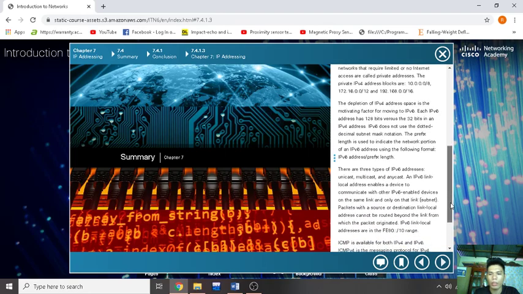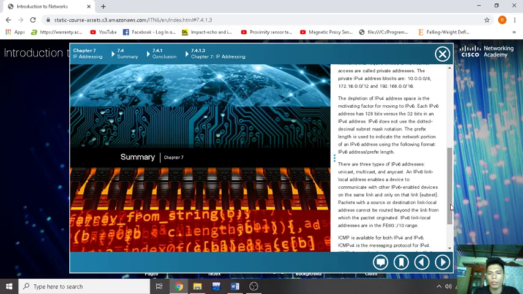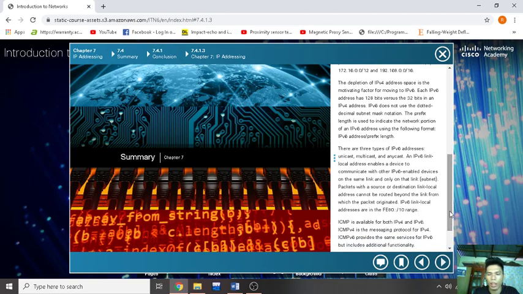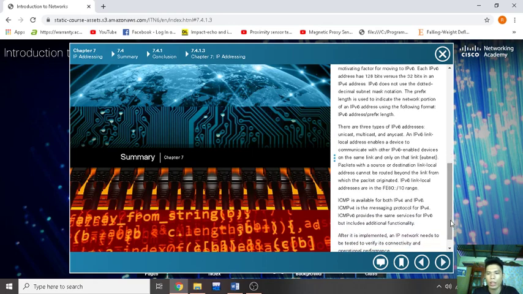The depletion of the IPv4 address space is the motivating factor for moving to IPv6. Each IPv6 address has 128 bits, versus 32 bits in IPv4 addresses. IPv6 does not use the dotted decimal subnet mask notation. The prefix length is used to indicate the network portion of an IPv6 address, using the format of address and prefix length.